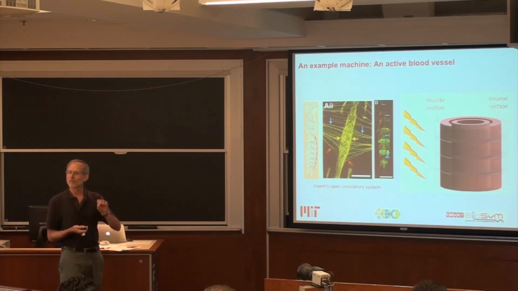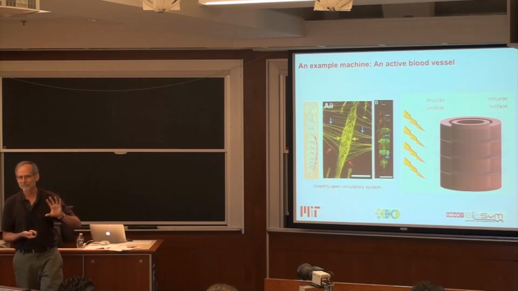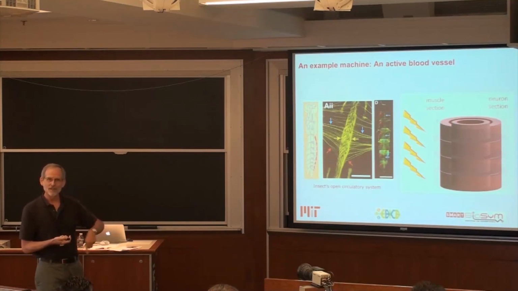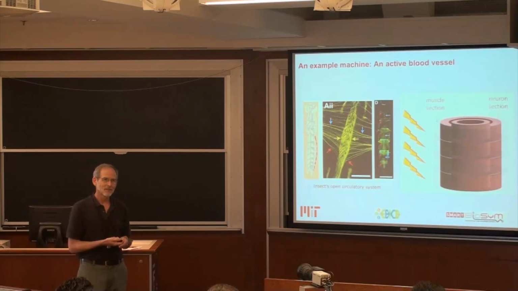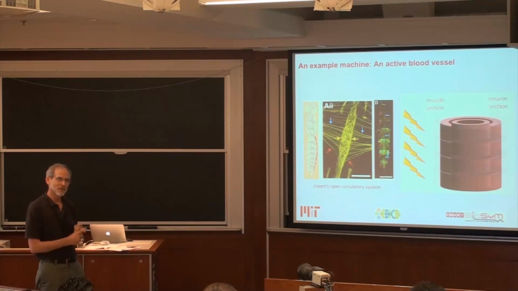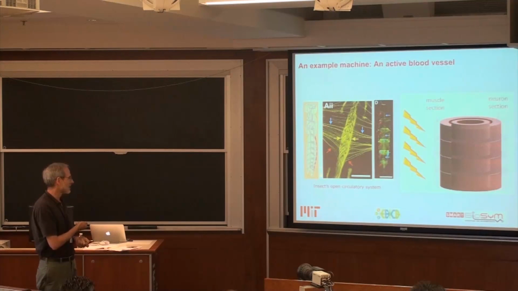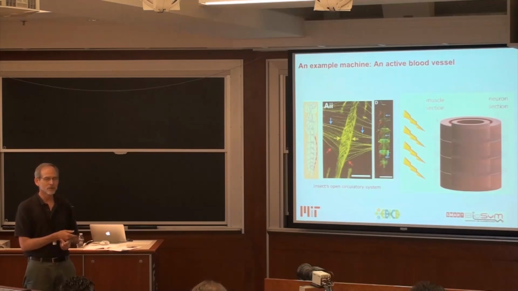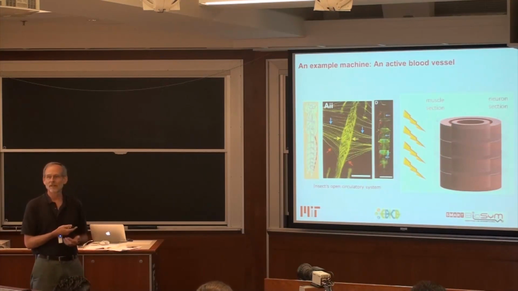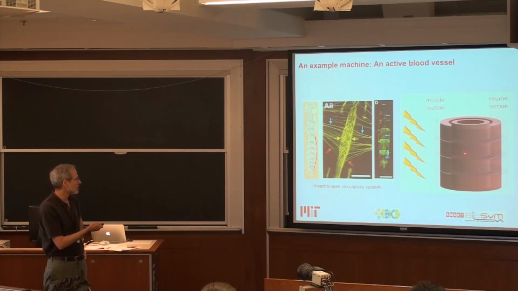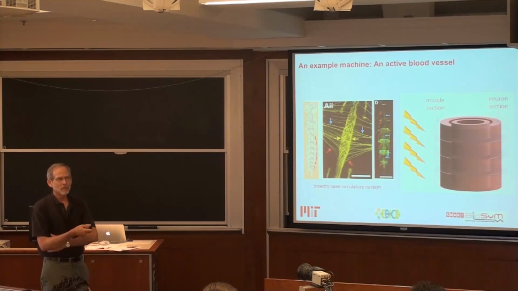So it's like an active blood vessel that pumps fluid or blood around the insect, around the circulation. Probably some of the early machines that we developed, this is the kind of circulatory system that we would use.